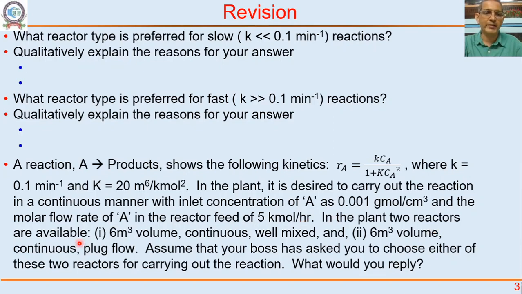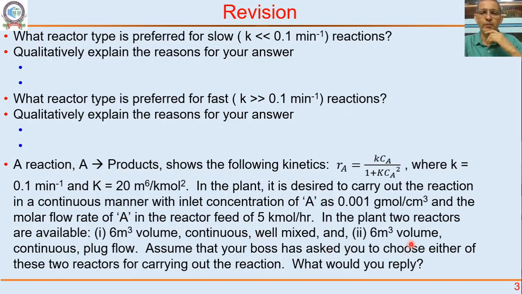In the plant, two reactors are available: one 6 meter cube continuous well mixed, or one 6 meter cube continuous plug flow reactor. Now you see, I am not saying CSTR, I am saying continuous well mixed. And I should also be saying steady state. Recall the classification that we have done. Based on that, we should not be speaking in loose terms like we used to do in our undergraduate course.